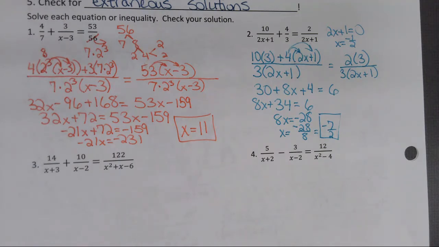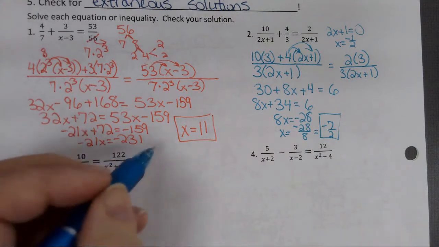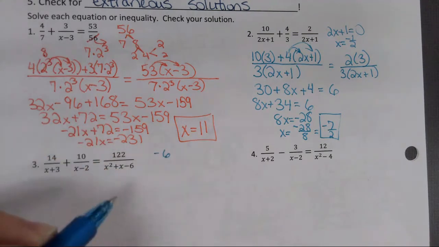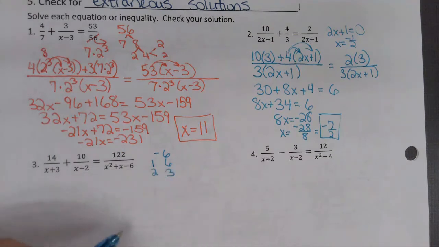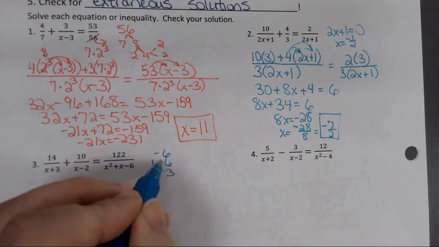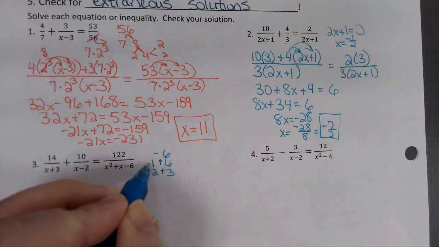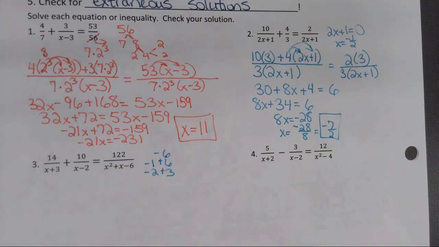So we have a times c is negative 6. Factors of that give me 1 and 6, 2 and 3. We want it to multiply to be a negative and add to be a positive. So we want the larger factor to be positive and the smaller factor to be negative. That means that we're going to use -2 and 3.